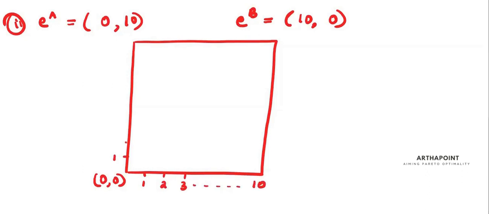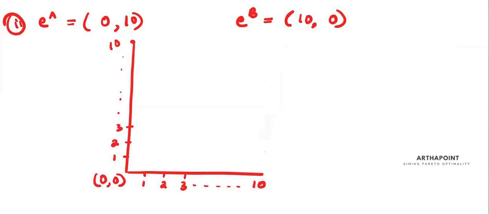This is 1 unit of good 2, 2 unit, 3 unit, and so on. And this is 10 units of good 2. And now, even if you don't consider this line, just tell me what this point would be. If I ask you what will be the coordinates of this point, clearly it would be 10, 10.